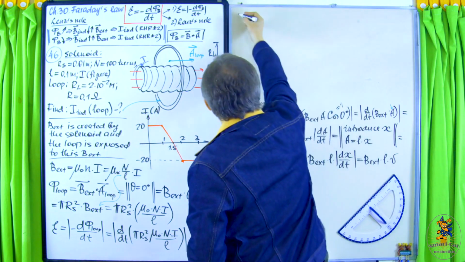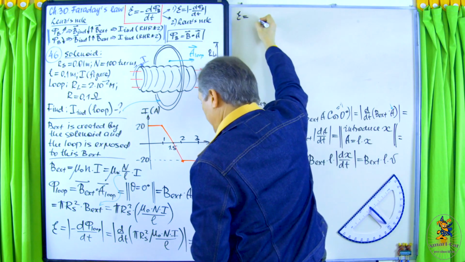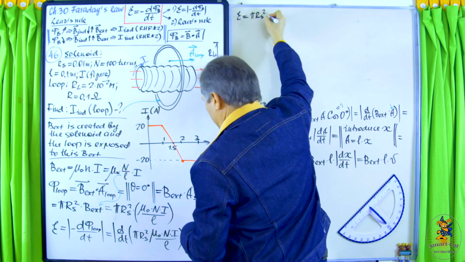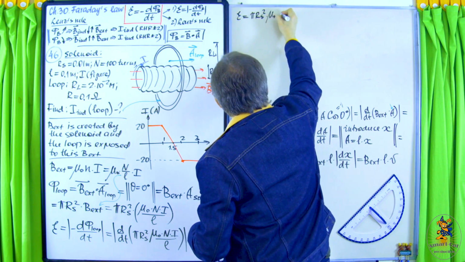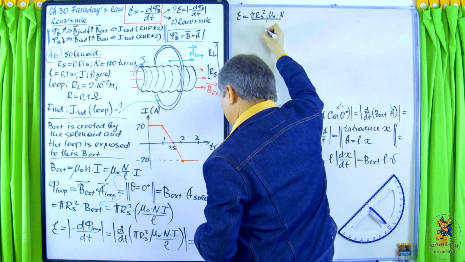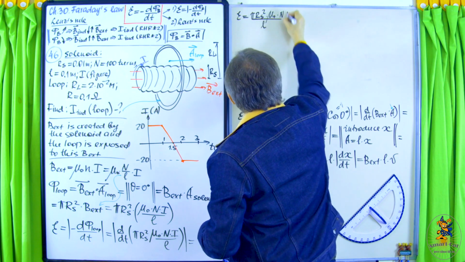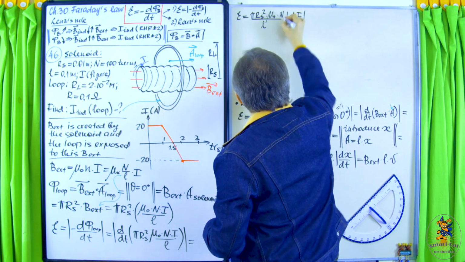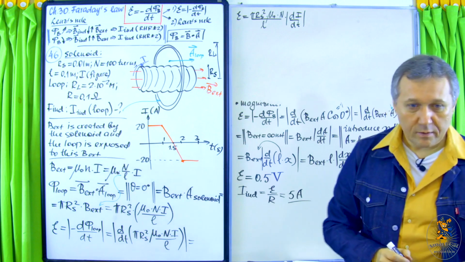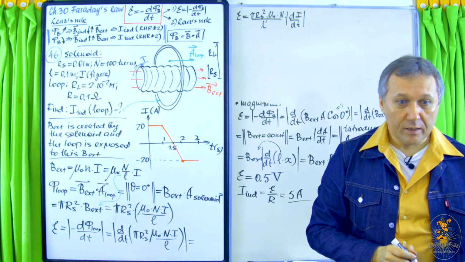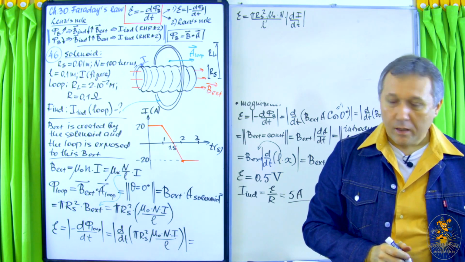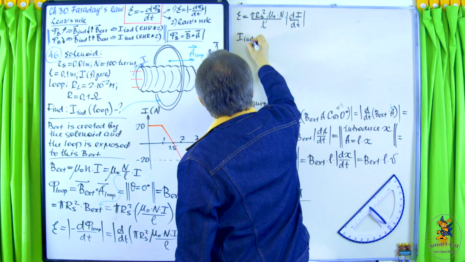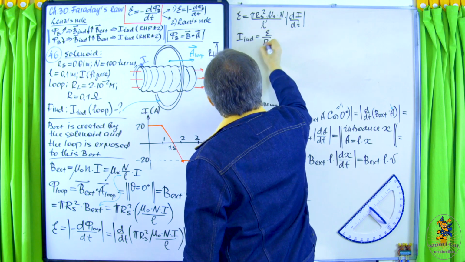So I can write, EMF equals all those constants, pi r solenoid squared mu naught n divided by L, and the rate of change of the current. So that's the expression for EMF. And now we need to get the current I induced. Of course, it will be EMF divided by resistance, right?